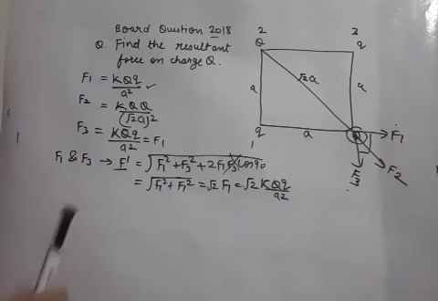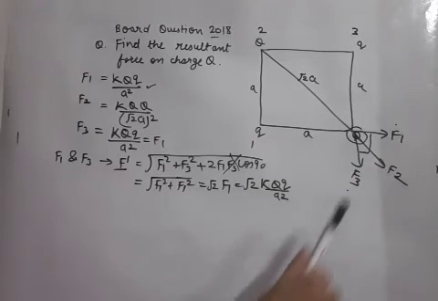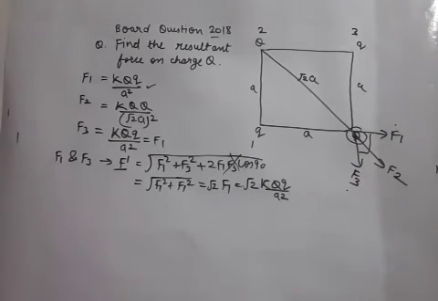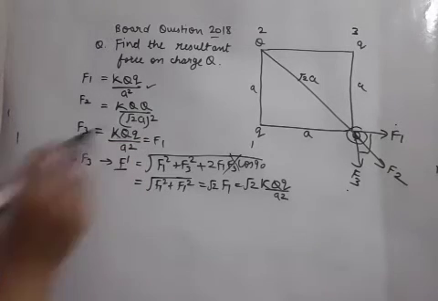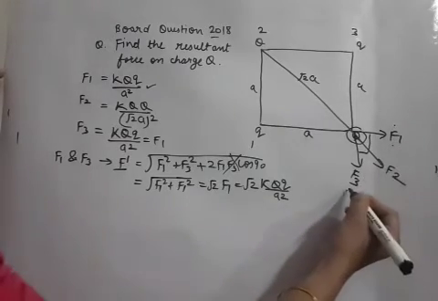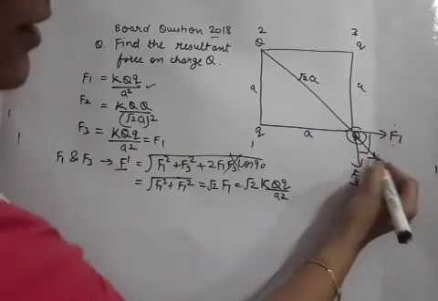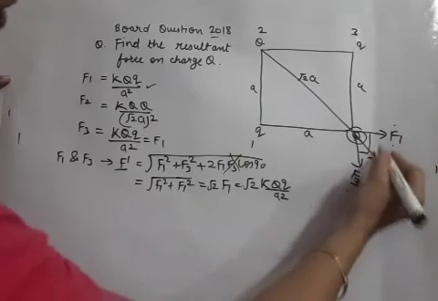Now direction is also important. Here is one fact: if two forces are of the same magnitude, as you can see F1 and F3 are, then their resultant is always in between the two forces. Resultant, that means net force, is just in between. So the resultant of F1 and F3, that means F dash, will be just in between at 45 degree.